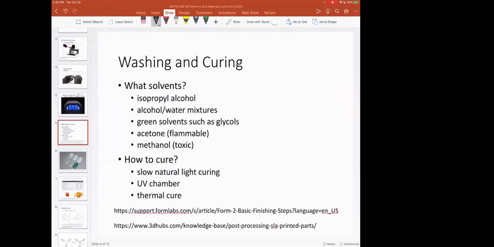So for washing and curing, there's a lot on this, of course, online and a little bit in the literature, but this is in general just driven by rules of thumb. Solvents can be isopropyl alcohol, alcohol water mixtures. Green solvents are highly desirable, such as glycols. Acetone is not very good because it's flammable.